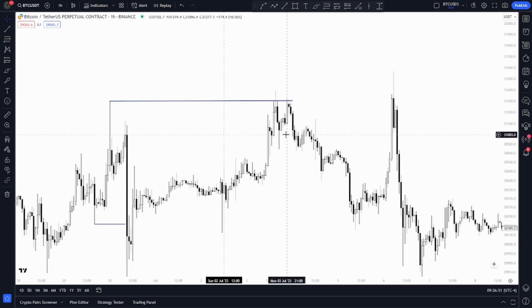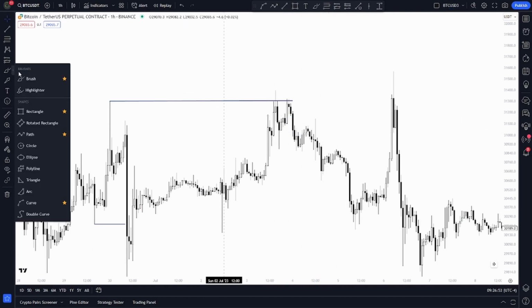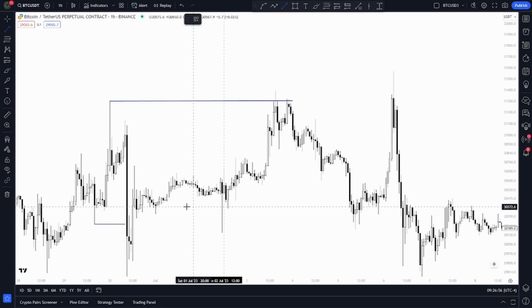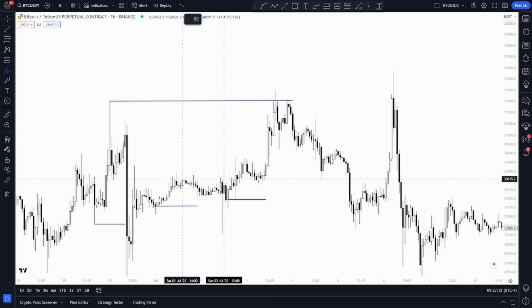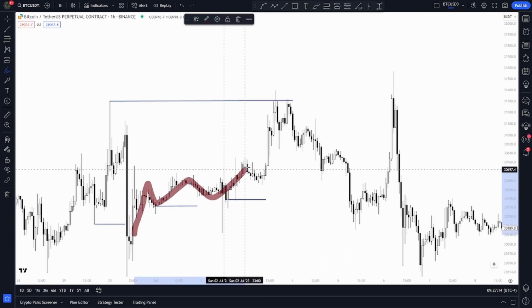Also, as I said, we can look at candle bodies to determine market structure. For example, let's start here. This is the bottom, then there's a higher low. This is another bottom, because on the hourly time frame, price moves like this.